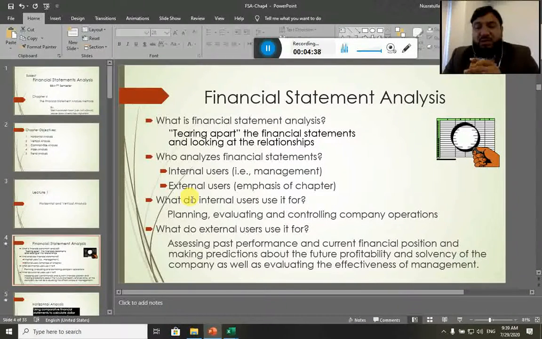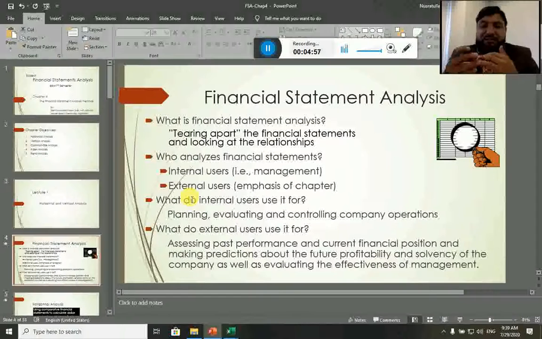They are required to study the financial statements and analyze them in order to do proper planning in the future, based on the information that they get from those financial statements after analyzing them by using different methods, of which 5 of those methods are in this chapter.